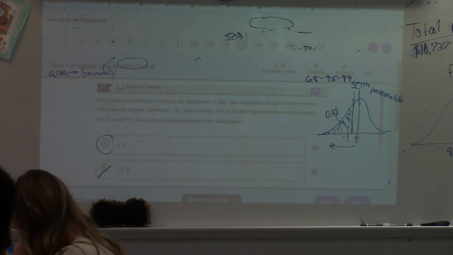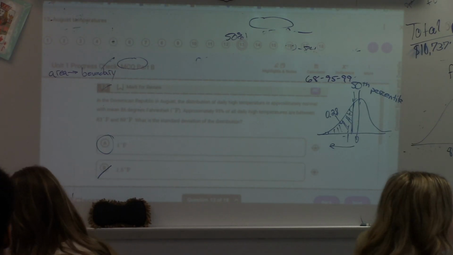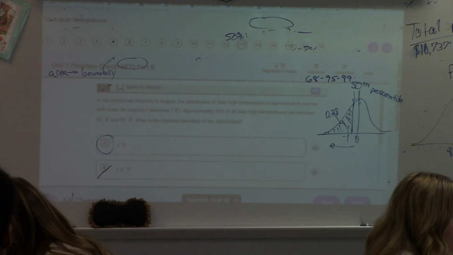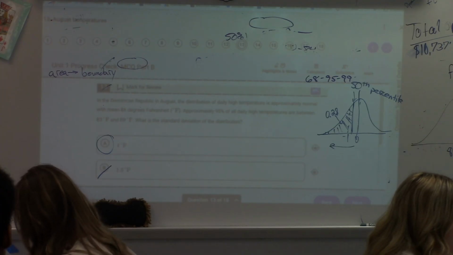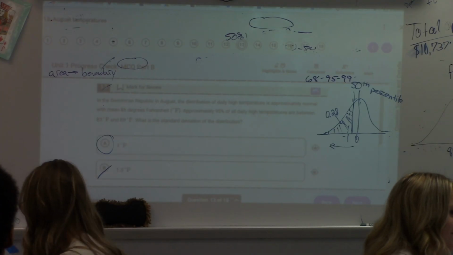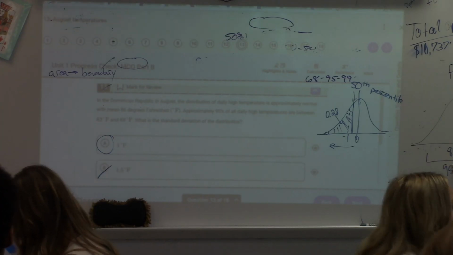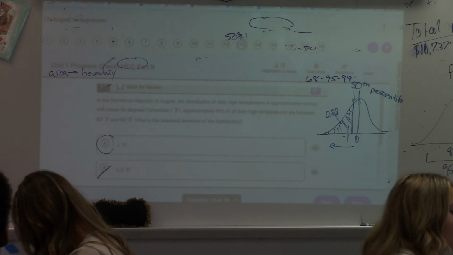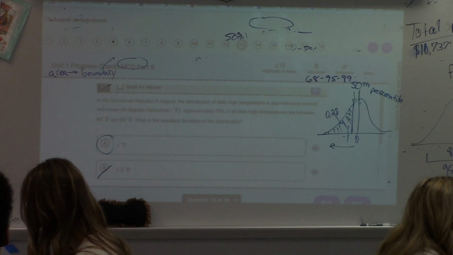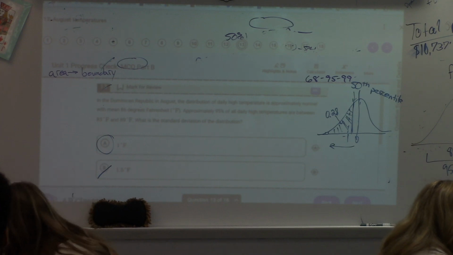So we go with 2 standard deviations below and above. How do you know the same? It's 95%. I don't know what the standard deviation is yet. I know if I'm talking about 95% of the data, using the empirical rule of 68, 95, 99.7, that's 2 standard deviations above the mean.